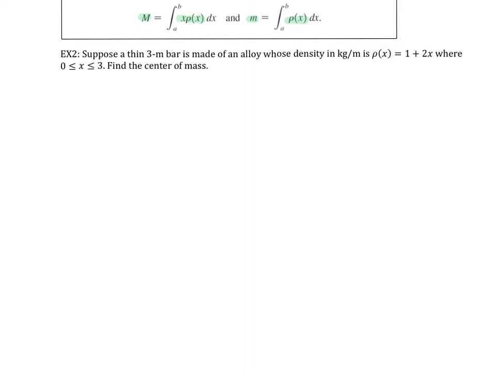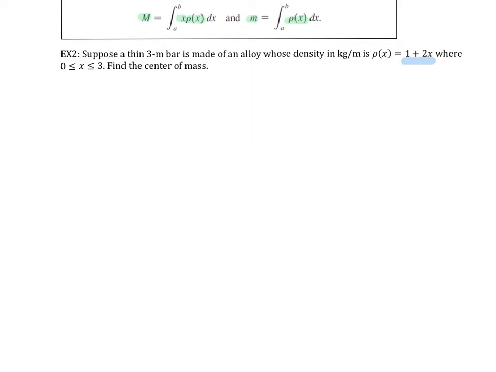Well, before I even find the center of mass, remember it's a balancing point, where this balancing point is closer to the heavier side. My density function is 1 plus 2x. Okay? Well, when you look at my x values, they vary from 0 to 3. So it makes sense as the x's get larger, my density function 1 plus 2x will also get larger.